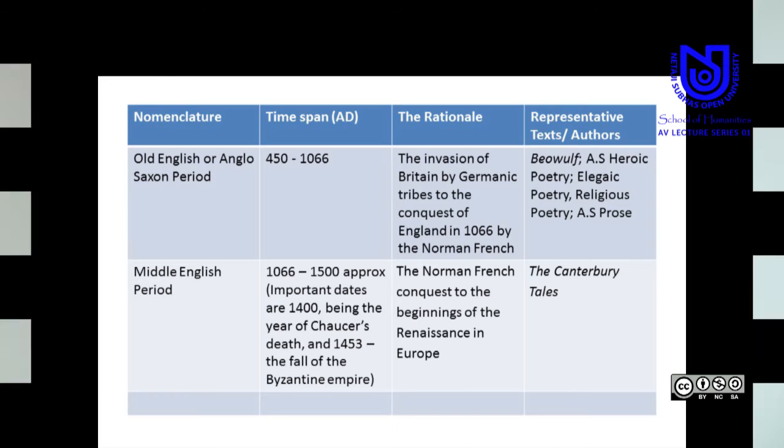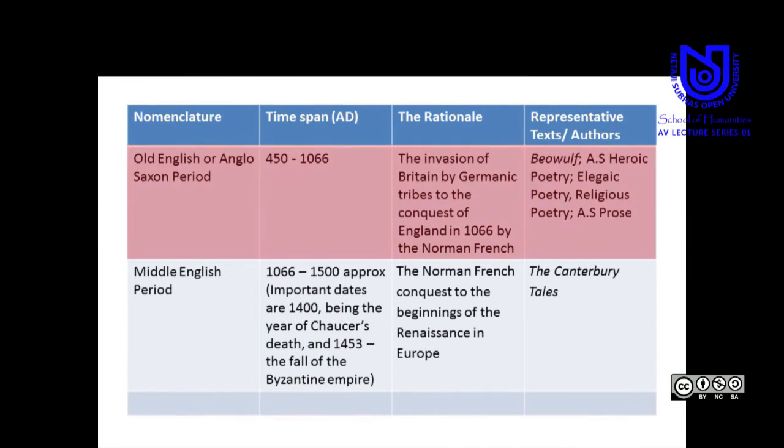As you see, the first period that we are talking of is the Old English or the Anglo-Saxon period. The time frame that we are looking at is 450 to 1066 AD, and the rationale behind this is to begin with the invasion of Britain by the Germanic tribes and follow it up to the conquest of England in 1066 by the Norman French.